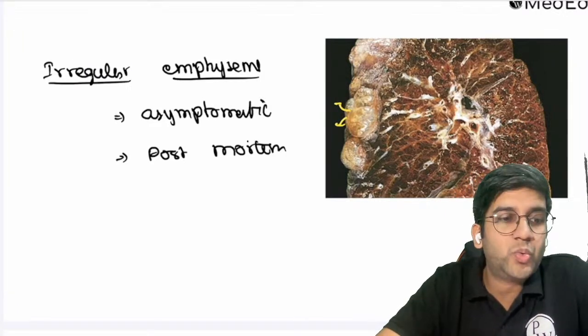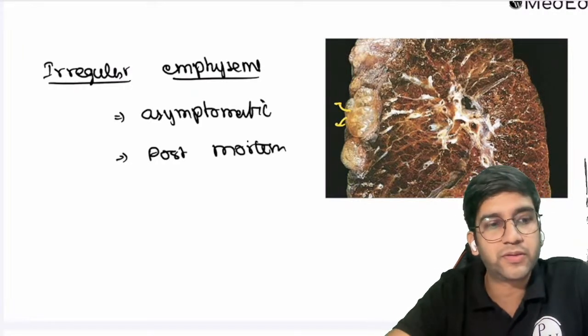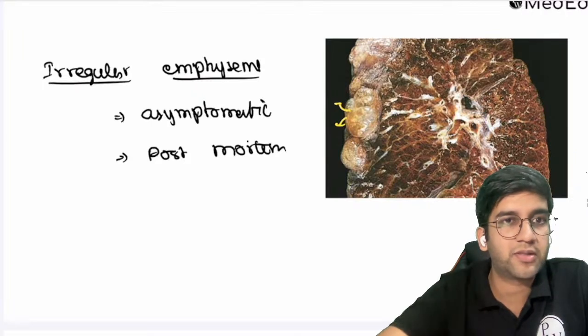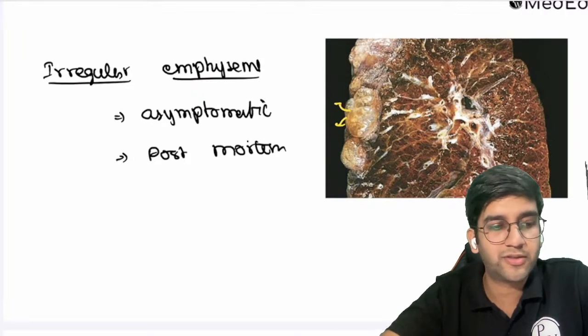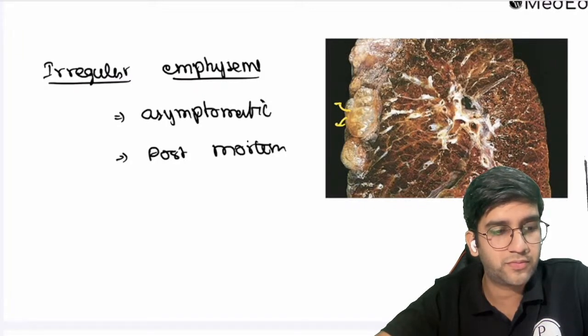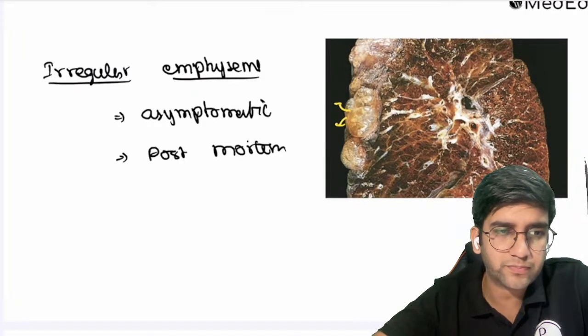Okay, what does trypsin do? Where have you heard trypsin? Good question. Where have you heard trypsin? You must have heard the words trypsin, chymotrypsin. Which organ produces trypsin, chymotrypsin? Pancreas, right?